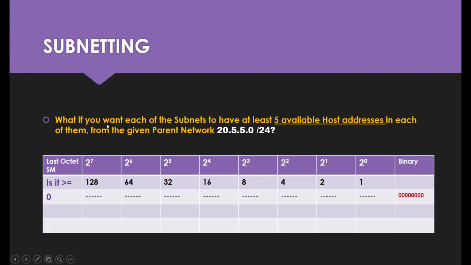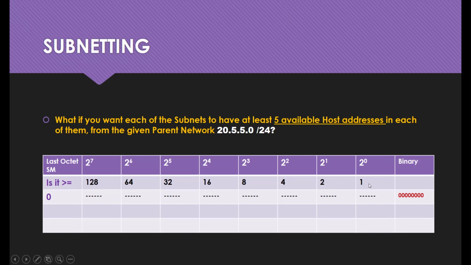So what if you want each of the subnets to have at least 5 available host addresses in each of them from the given parent network? So what that means is that each of the subnets should have at least 5 available host addresses to issue out.